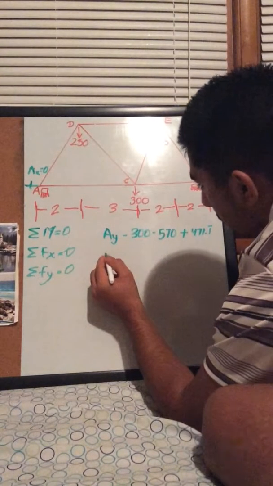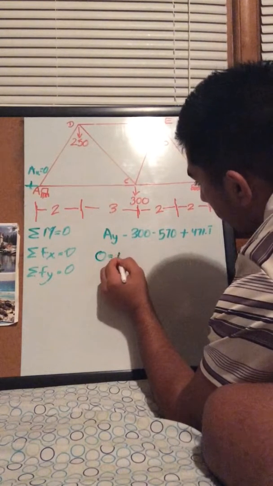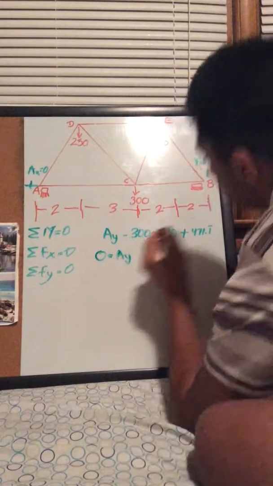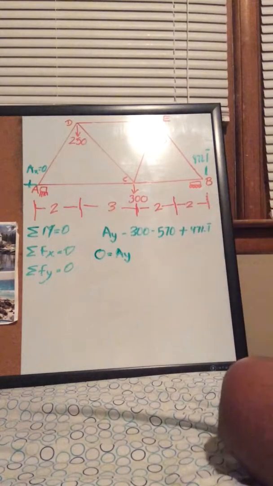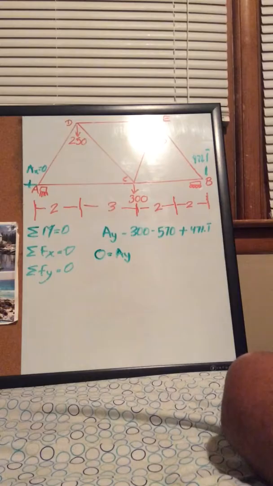Now we can do 0 is equal to AY, and then when you add all these up, 500 plus 570 plus 300, that will give us 870. Negative 870, plus 471.